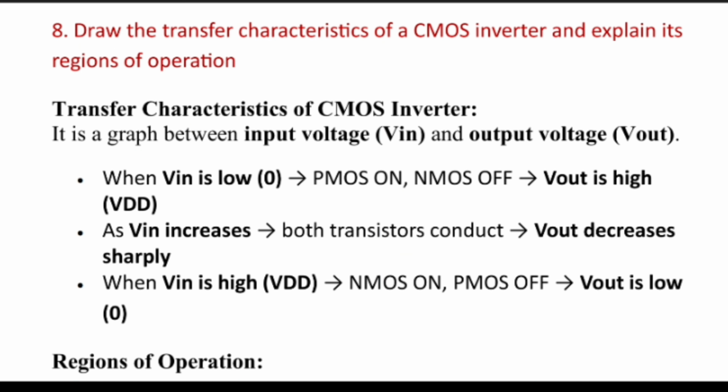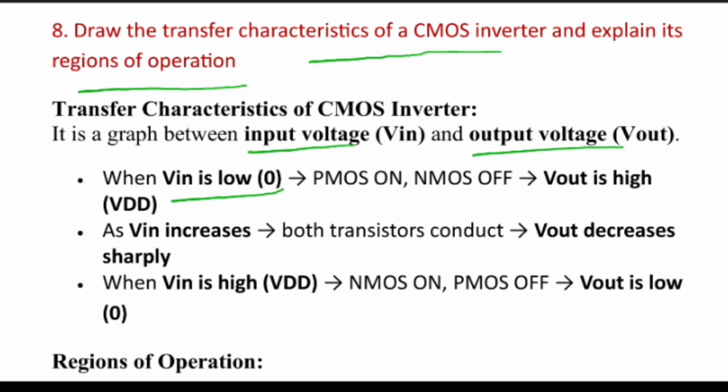Draw the transfer characteristics of a CMOS inverter and explain the regions of operation. I am not drawing the diagram, I am just going to explain. In the graph, we have input voltage and output voltage. When input voltage is low, PMOS is on, NMOS is off, so output voltage is high.